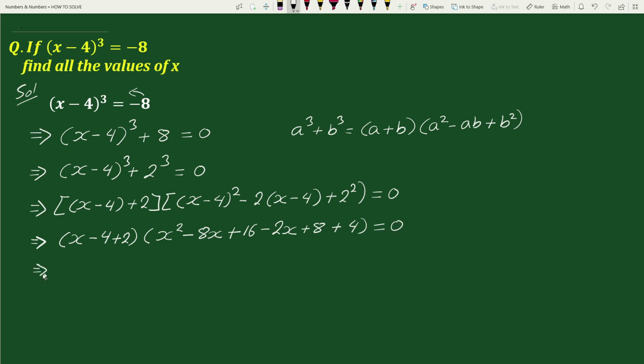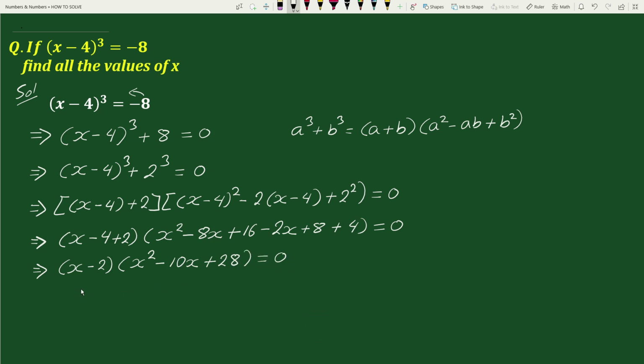This equals (x − 4 + 2) is (x − 2) times (x² − 8x − 2x is −10x, 16 + 8 + 4 is +28) equals 0.